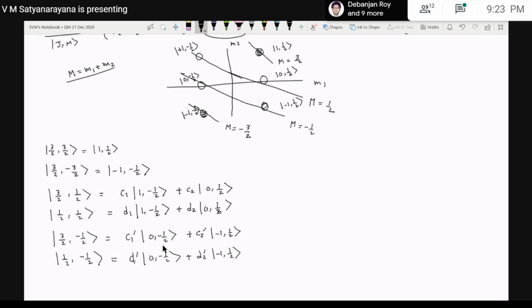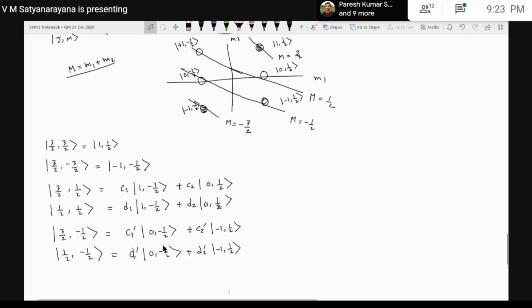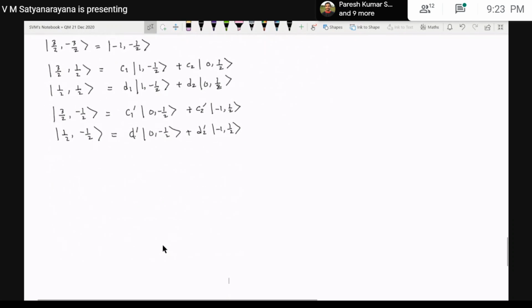Now evaluation of these 8 coefficients, again the procedure is the same.